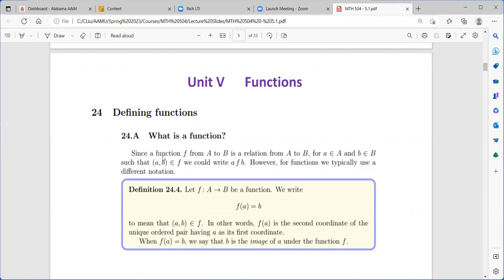Okay. So this notation essentially means an ordered pair. Always keep in mind that a relation or a function is a set of ordered pairs. Okay, it's a set of ordered pairs.